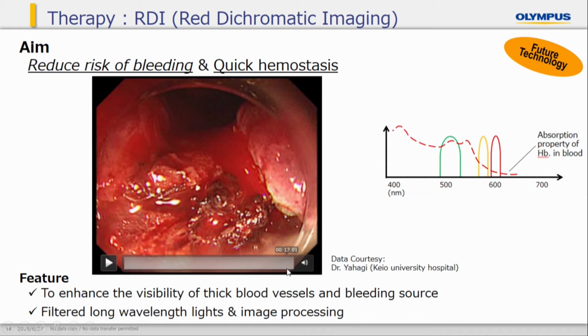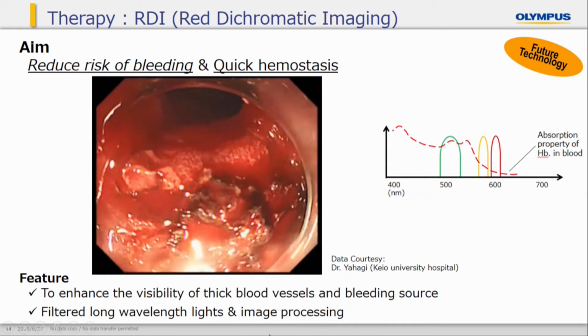As I mentioned, with NBI we are focusing on around 400 and 500 nanometers. On the other hand, with RDI technology, we have now selected 400, 500, as well as 600 nanometers. Thanks to this technology, please look at this movie.